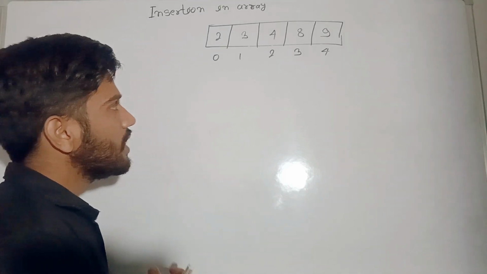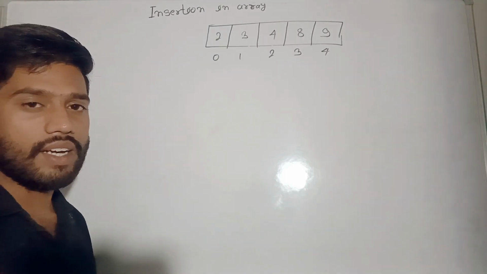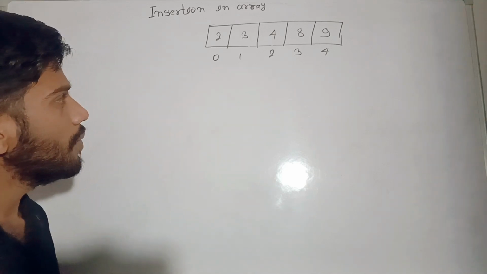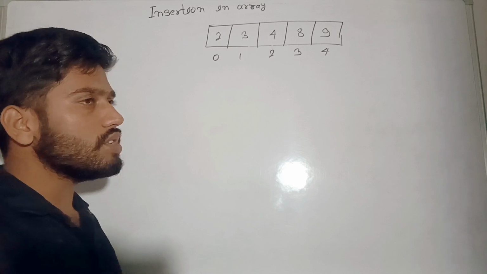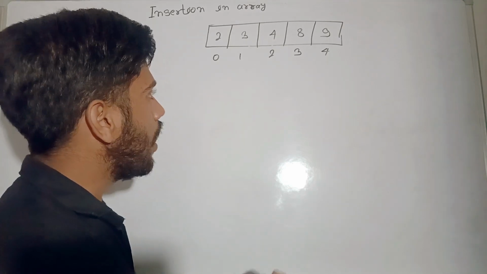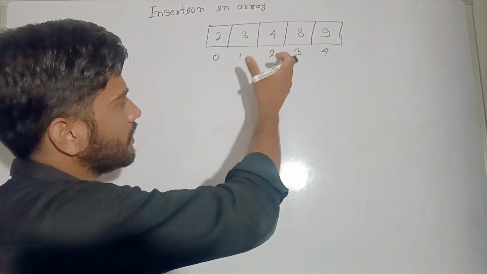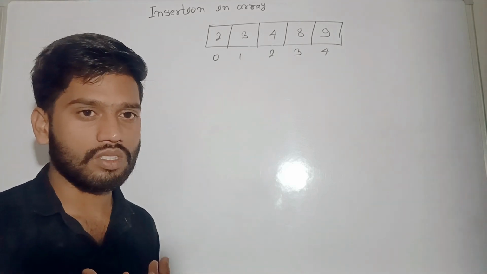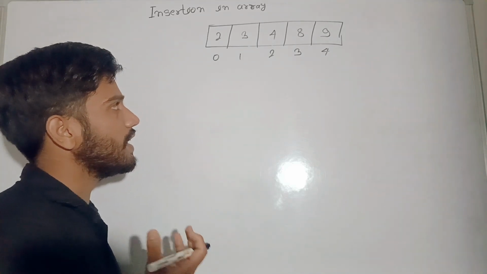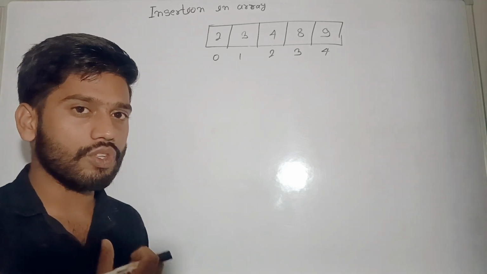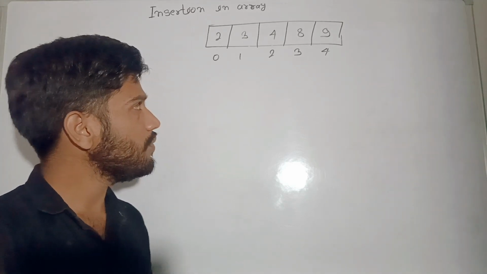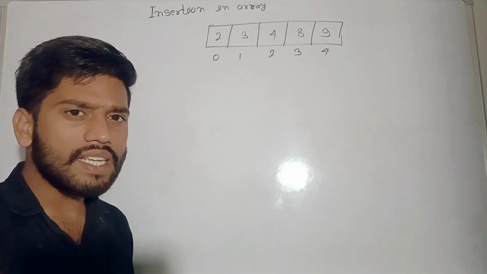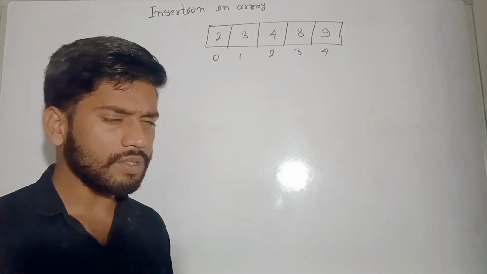In memory, an array is allocated in a contiguous manner, but when we are going to insert our data and there is no free space, how can we make free space? If we want to insert data at any position, if we free that position, then we can easily insert the data.